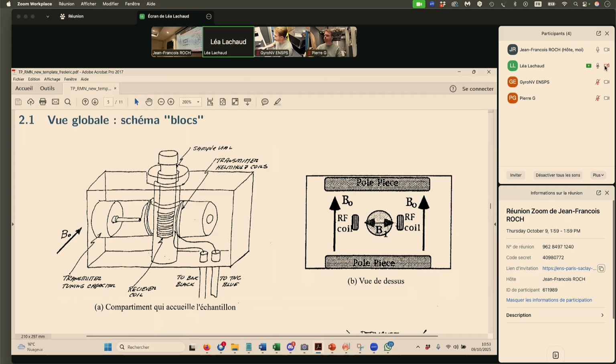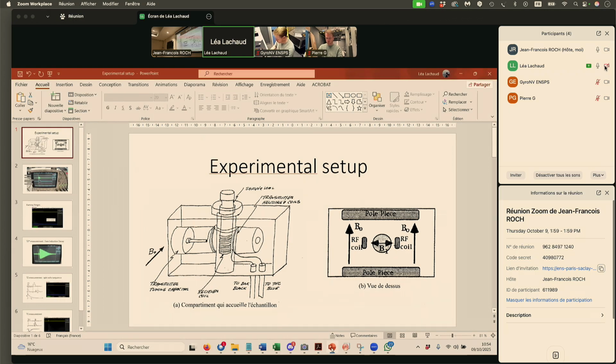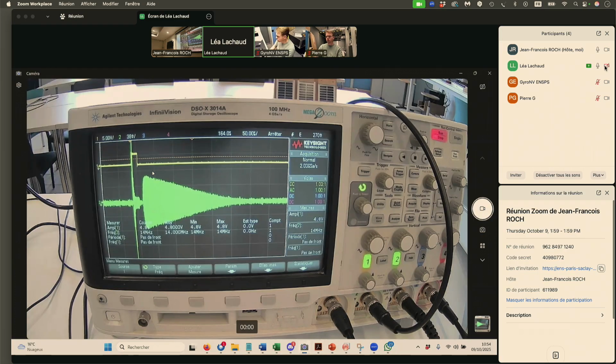They don't precess at the very same Larmor frequency. So there is dephasing, and the decay of the amplitude of the whole magnetization of the sample decreases very quickly because of this inhomogeneity phenomenon.